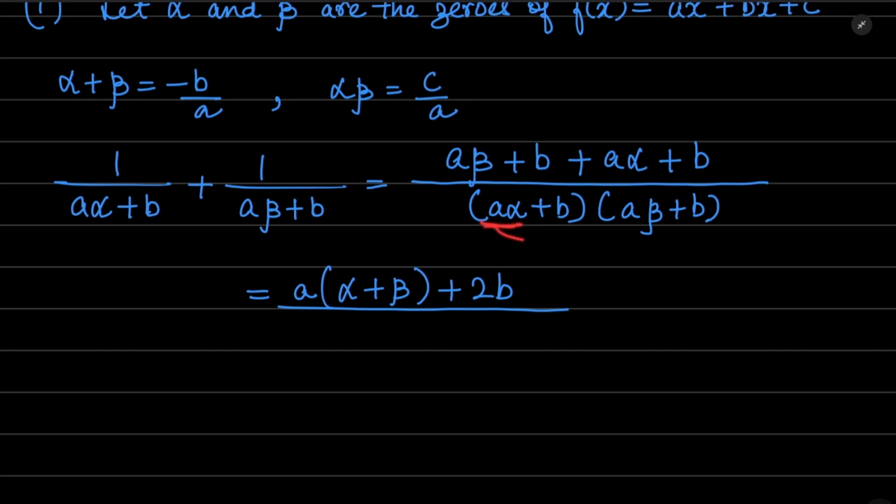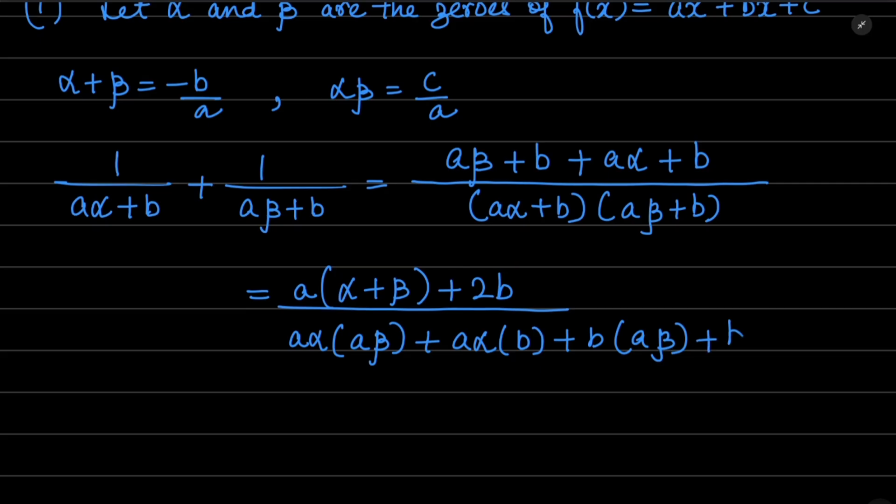So a alpha into a beta. What is a alpha into a beta? Let me write it and then I will expand it. Okay, a alpha into a beta plus a alpha into b, right? The first term with the first two terms, a alpha into b, and then plus b into a beta plus b into b, which is b square.